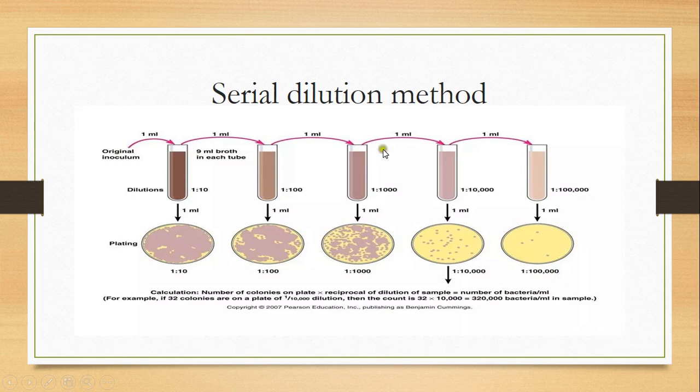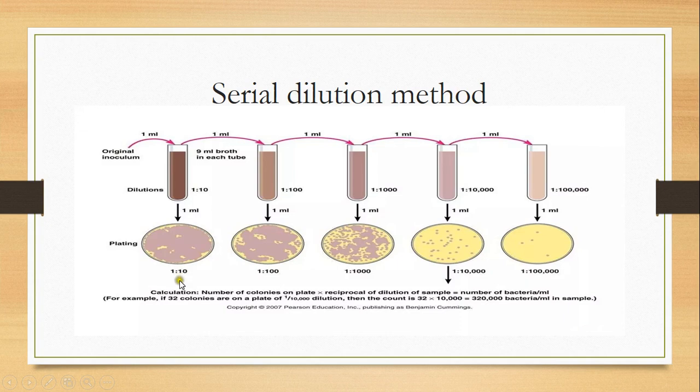As you see, the serial dilution diluted this darker color to this lighter one. So the basic function of this dilution is to provide an optimum level, either this or this, to calculate the colonies that appeared from the bacteria.